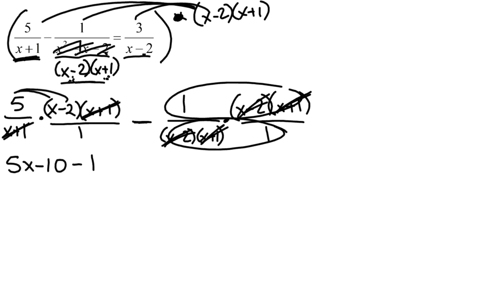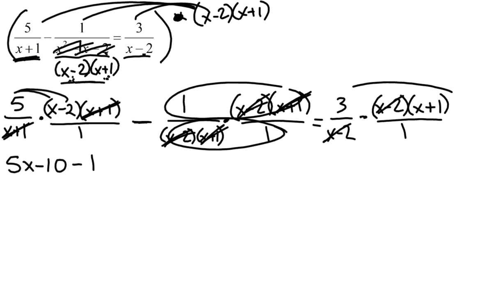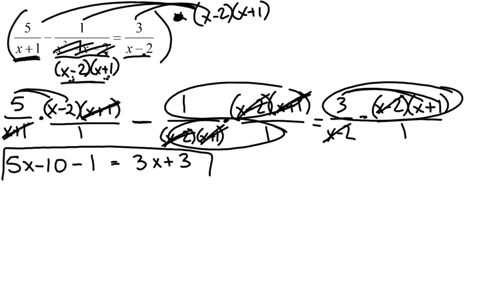So subtract 1. And the last portion, the other side of my equation, was 3 over x minus 2, and if I multiply my last term by x minus 2, x plus 1, well, here we see the x minus 2's cancel, so I distribute the 3, and that will equal 3x plus 3. There's my new equation. Denominators have been eliminated.